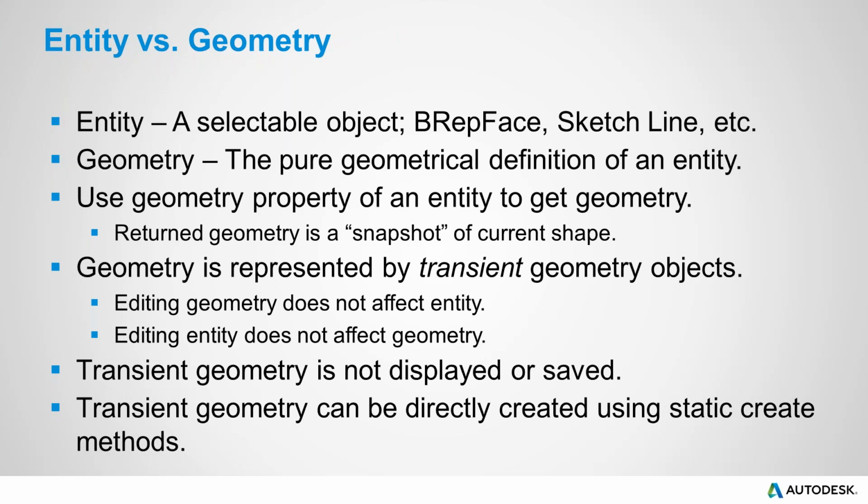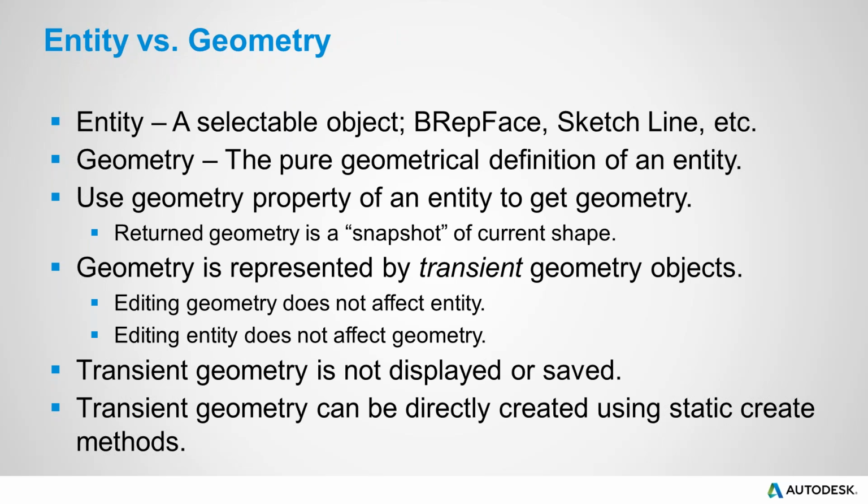Where this is most commonly used is points. We've seen this in previous programs where I'm drawing a sketch shape. If I'm going to draw a line, I define the two endpoints of that line using a transient point. I create a Point3D object just by supplying the XYZ coordinates.